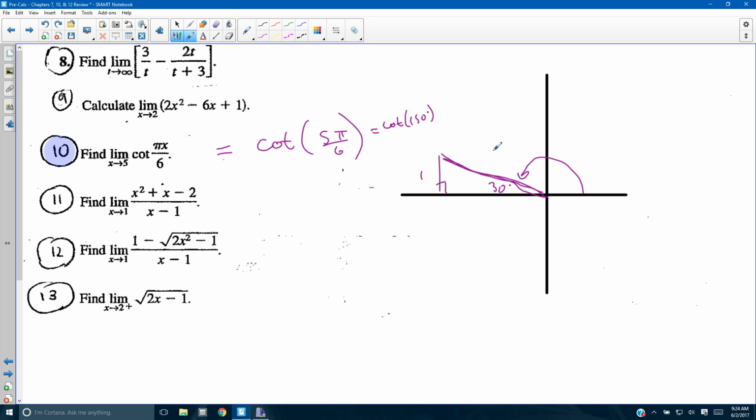Which gives about a 1 to 2 to root 3 relationship, where root 3 is negative as it goes to the left. Cotangent is adjacent over opposite, so that's negative root 3 over 1, which is negative root 3. The defined value is equivalent to the actual value. Very nice.